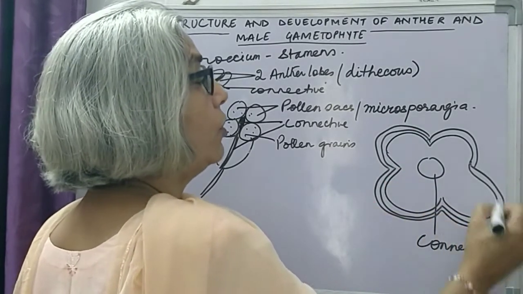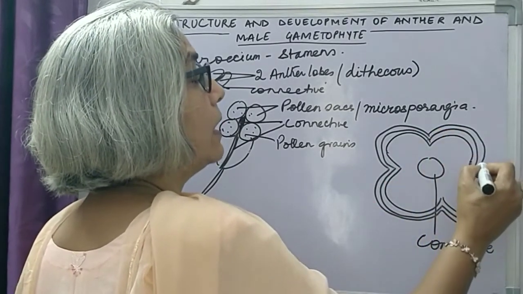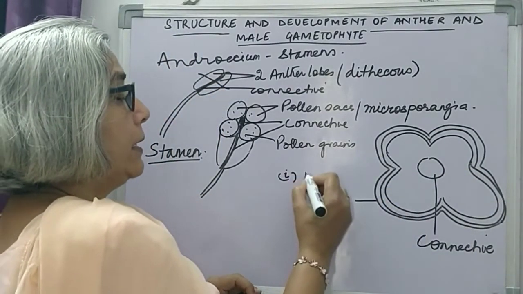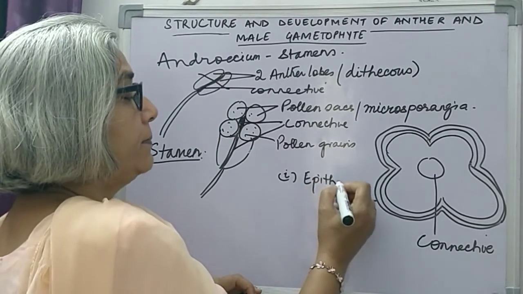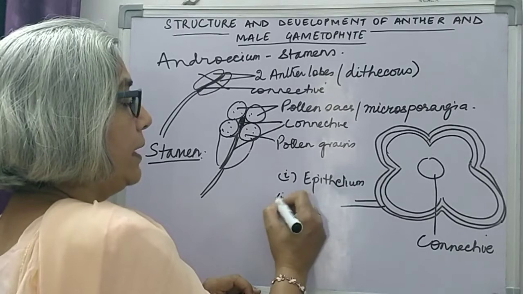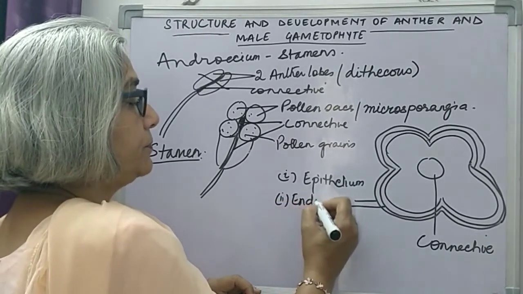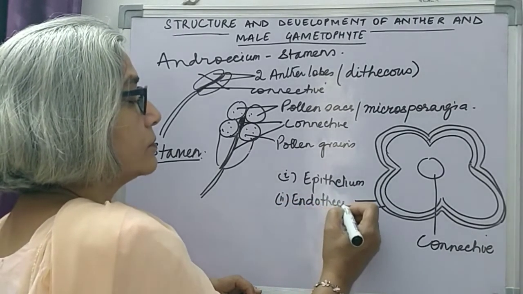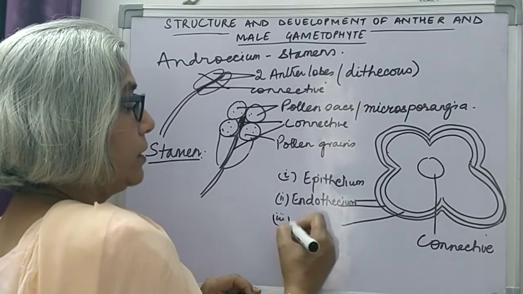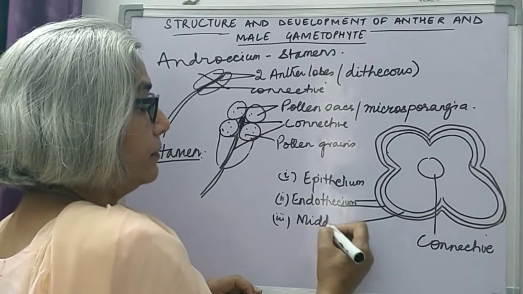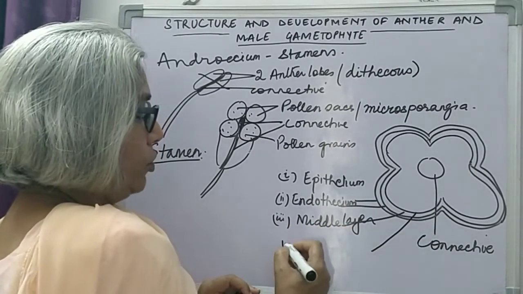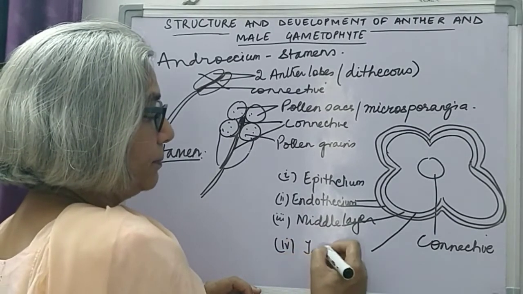Now these four layers are, the outermost is called epidermis, second is called endothecium, the third layer is called the middle layer, and the fourth innermost layer is the tapetum.